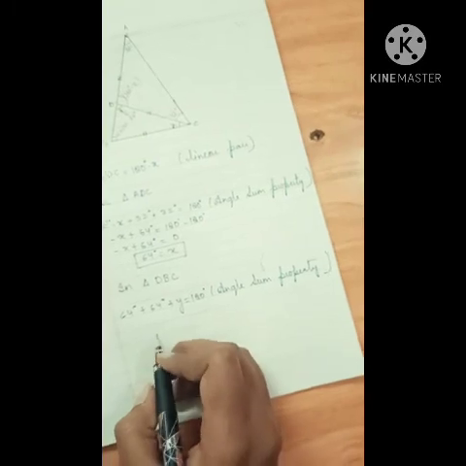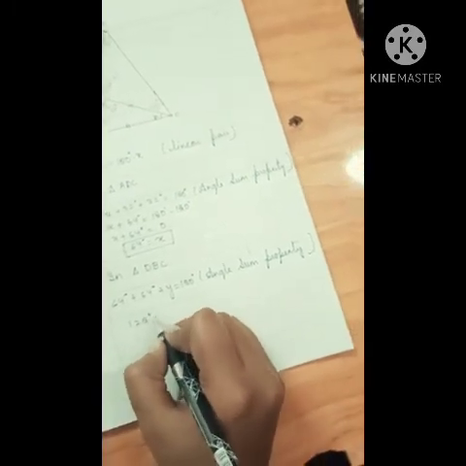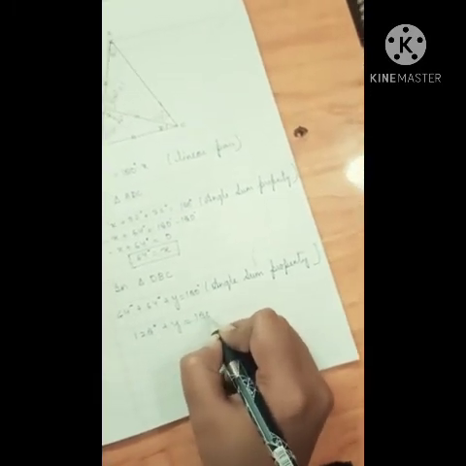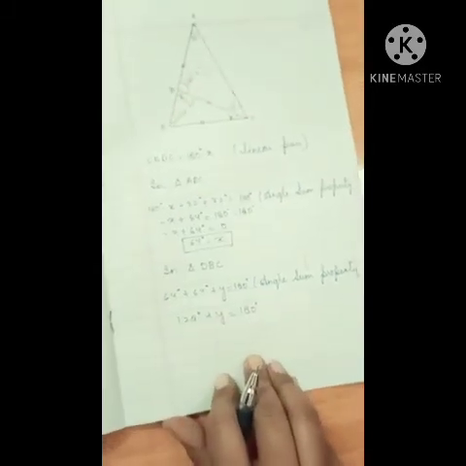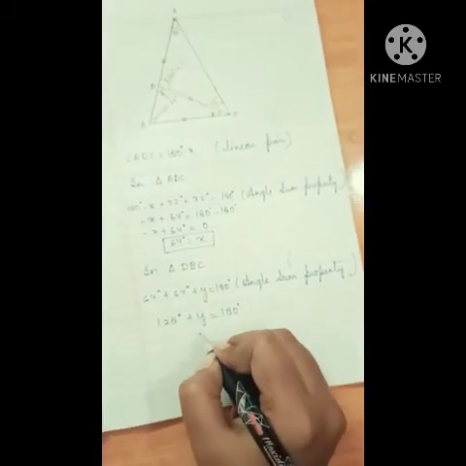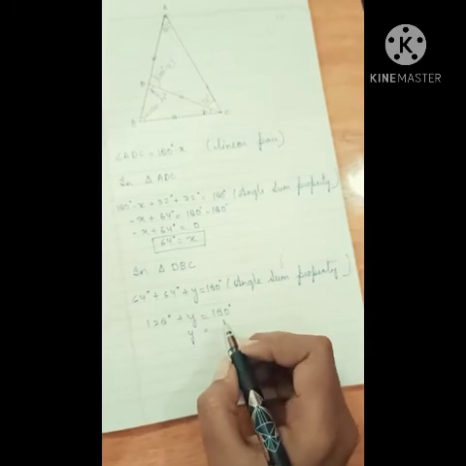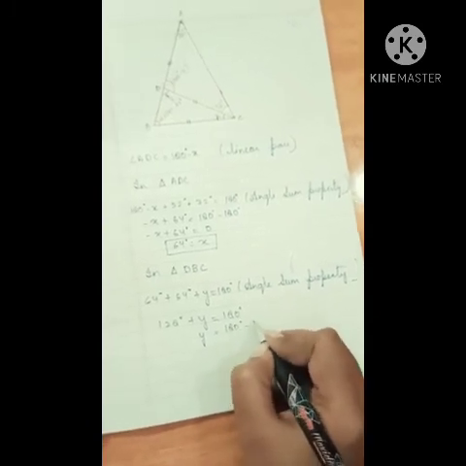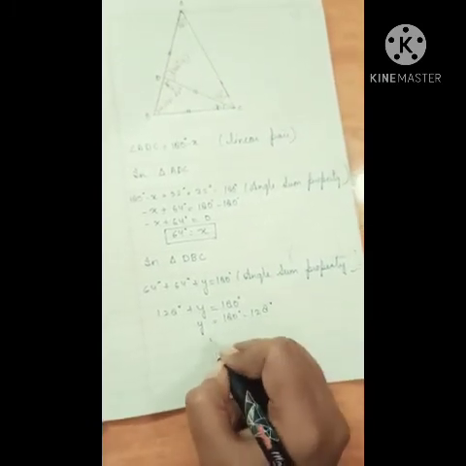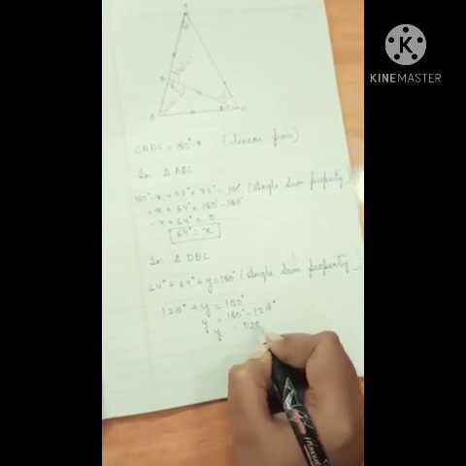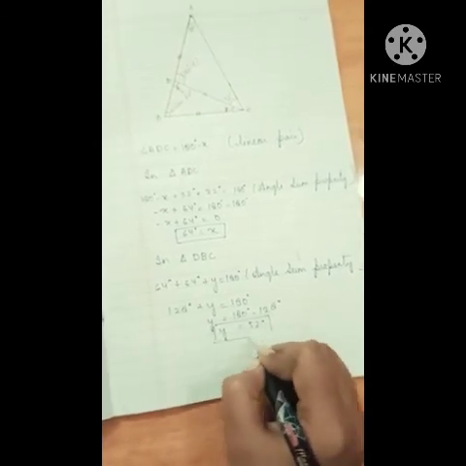So here we get 128 degree plus y is equal to 180 degree. So here we get y is equal to 180 degree minus 128. So here we get the value of y, 52 degree.